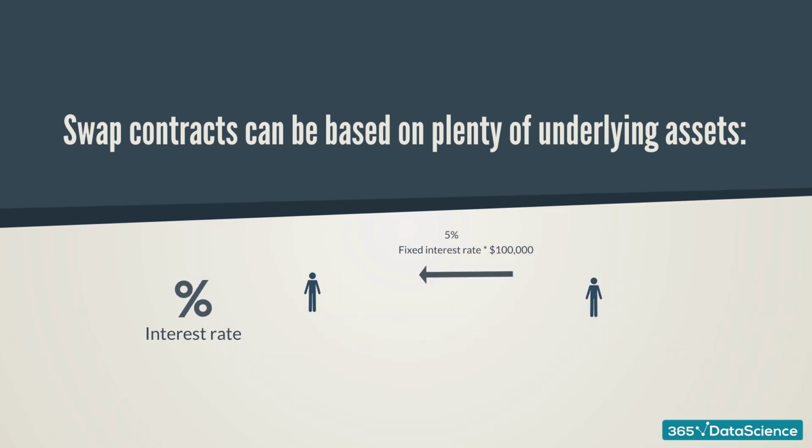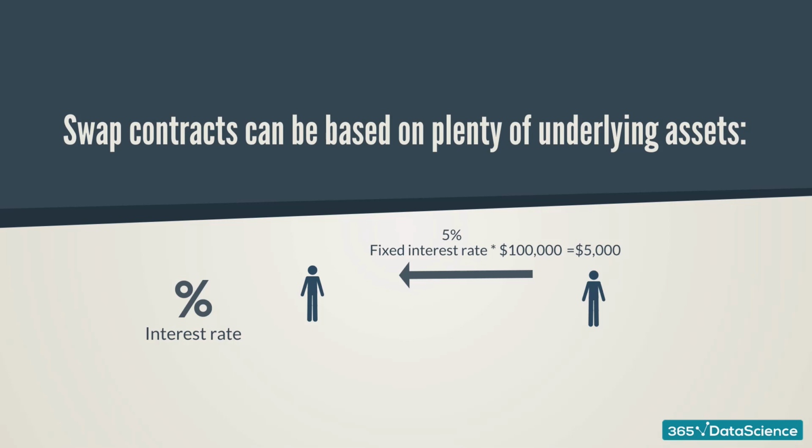So, if I stipulate a swap contract and agree to pay a fixed interest rate of 5% versus a variable rate, and the underlying contract is $100,000, when the contract expires, I must make the following calculation. $100,000 times 5% is equal to $5,000.